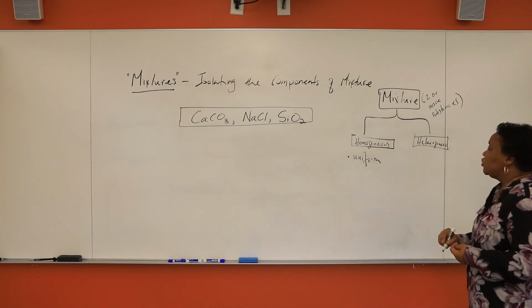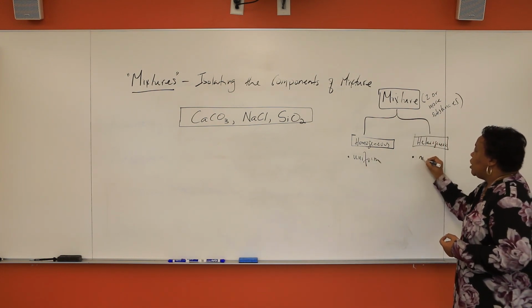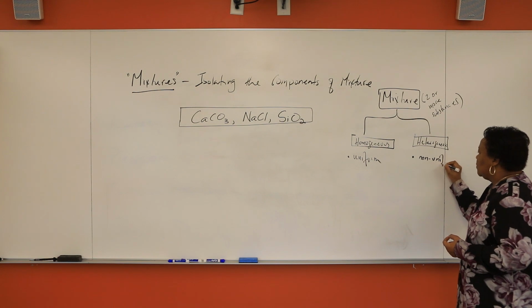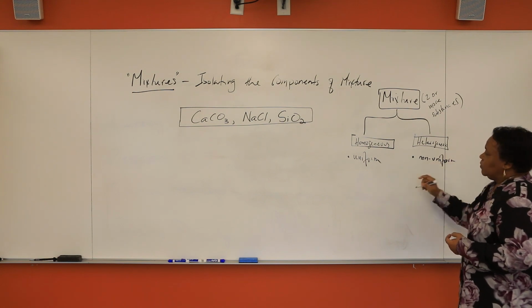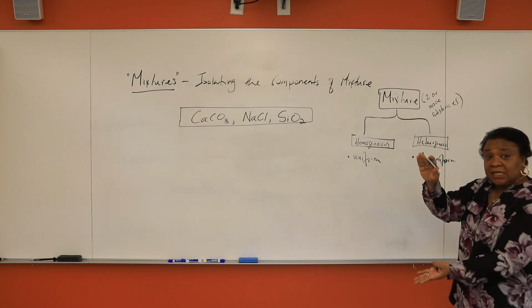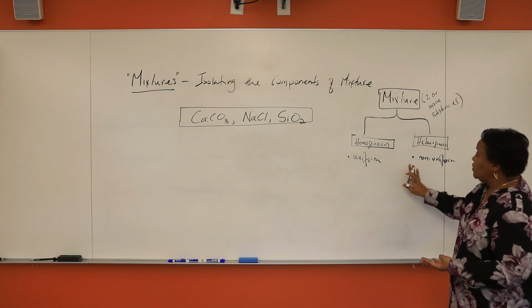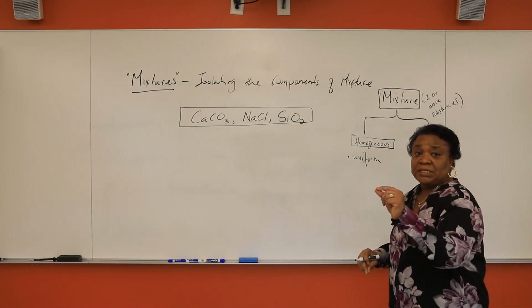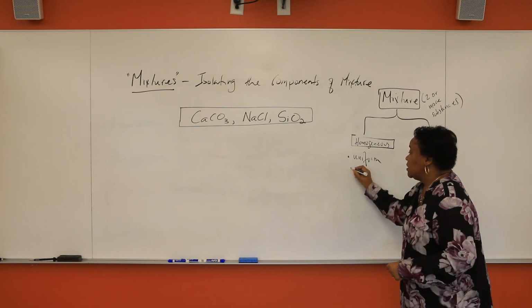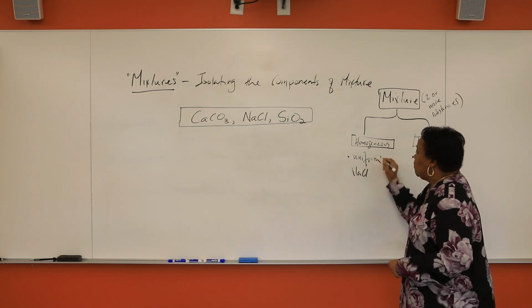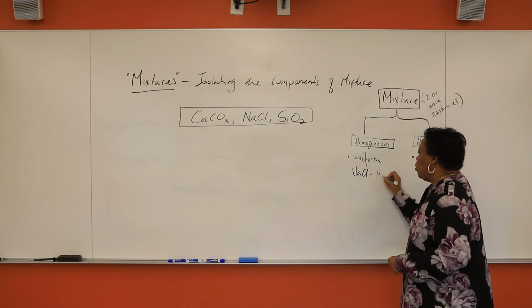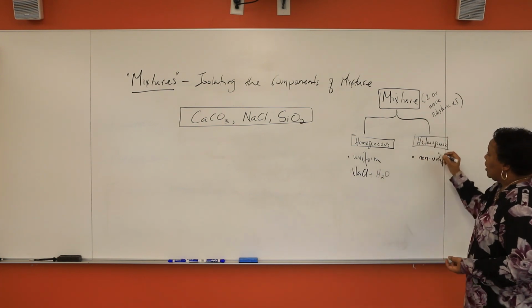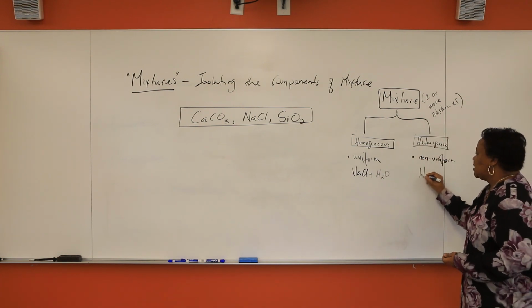When your mixtures are heterogeneous, then they're non-uniform. When it's uniform, it just means it has a single phase. If it has a single phase, it means that you cannot identify the salt molecules from the water molecules. One good example of a homogeneous mixture is salt and water. An excellent example for a heterogeneous mixture is sand and water.